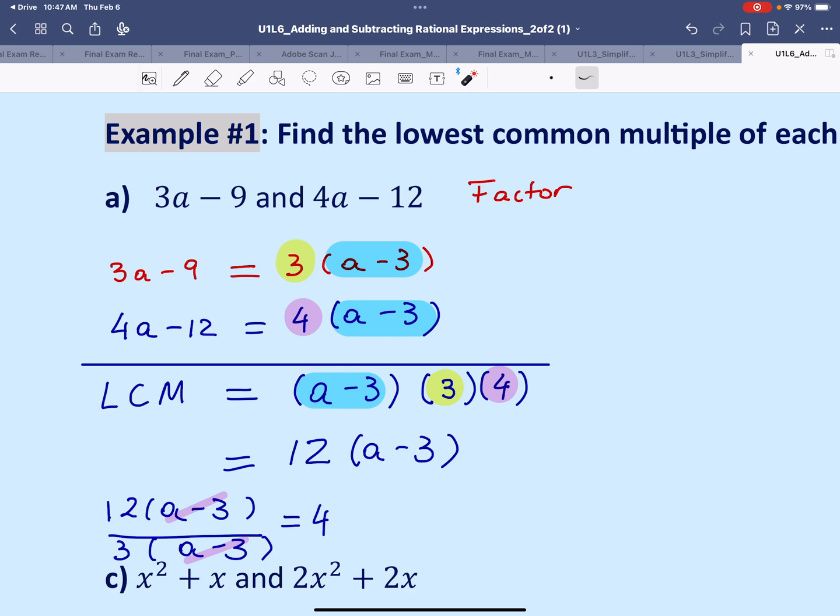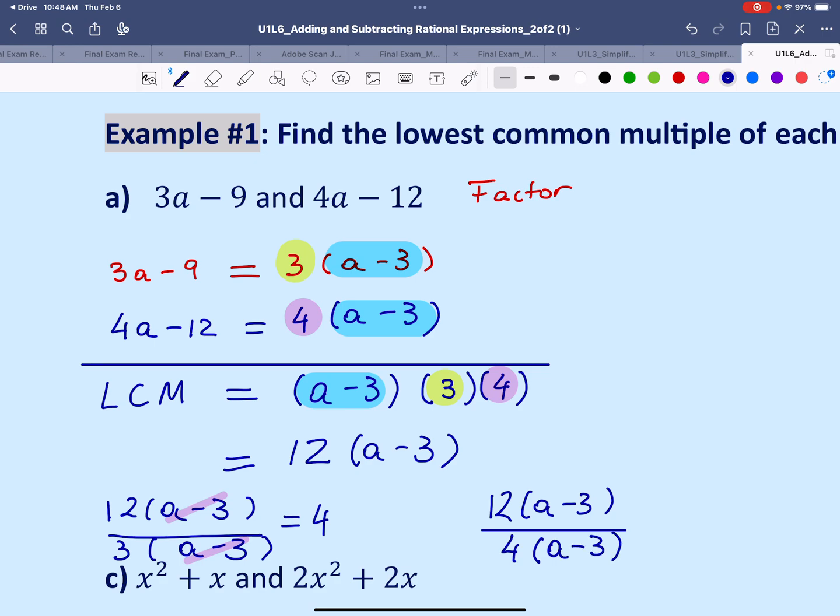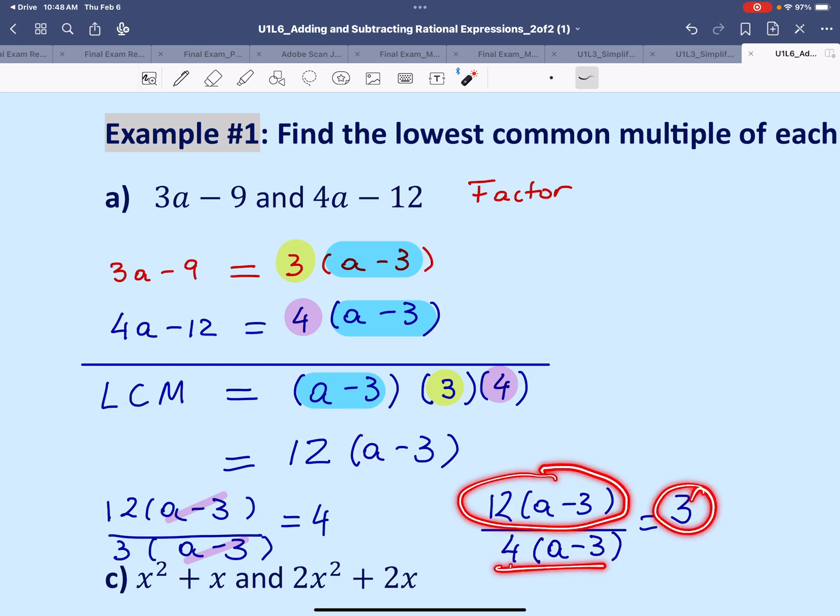In the same way, we reason about the other factors. 12 times a minus 3 divides evenly into 4a minus 12, which is 4 times a minus 3, and the answer is 3. So in 12 times a minus 3, we have 3 of the 4a minus 12.